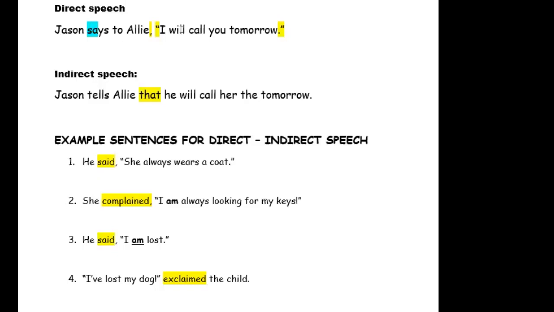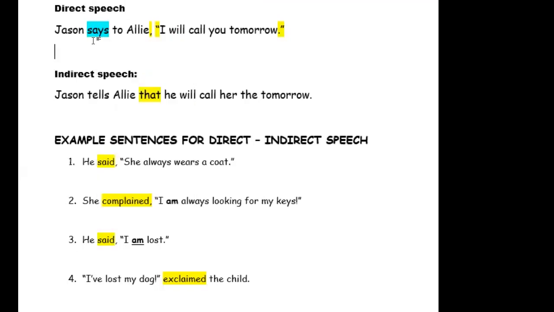The important thing that you need to look for is the main verb of the sentence. We call the main verb of the sentence the introductory verb, and I'm going to highlight that in this awesome neon color.